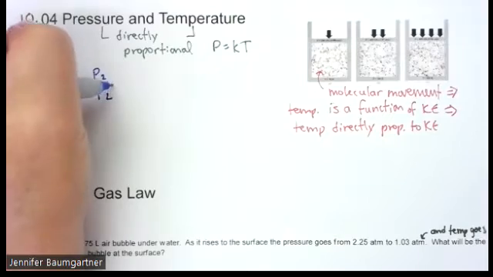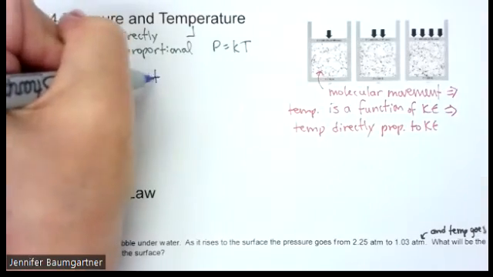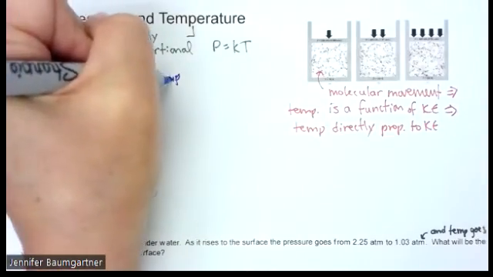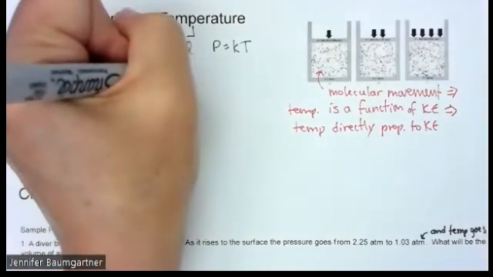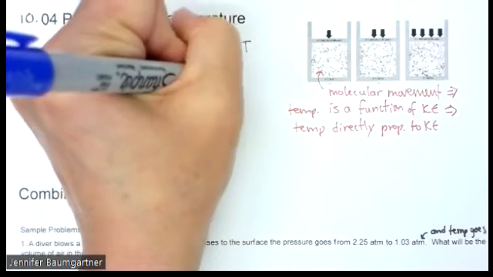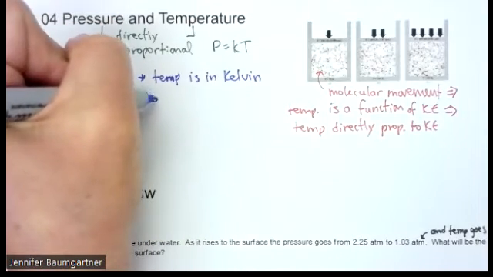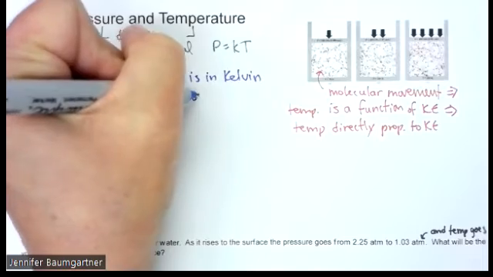I'm going to put an asterisk here because temperature must be in Kelvin. There are actually two guys that figured this out. One's last name was Gay, one's last name was Lussac. So this is called Gay-Lussac's law.